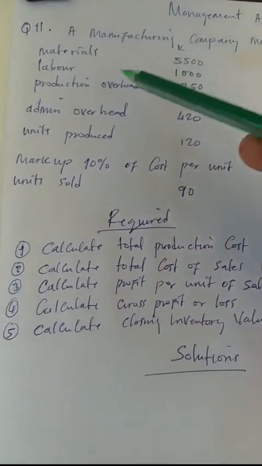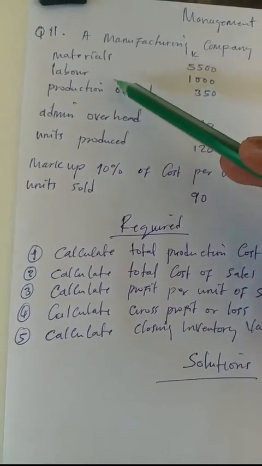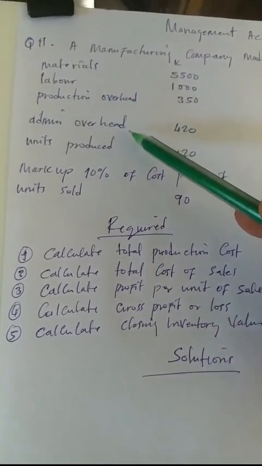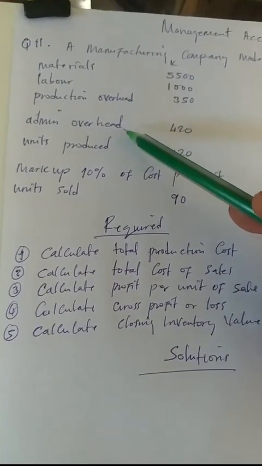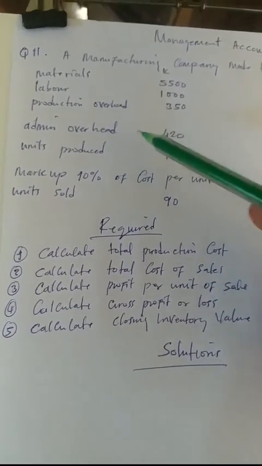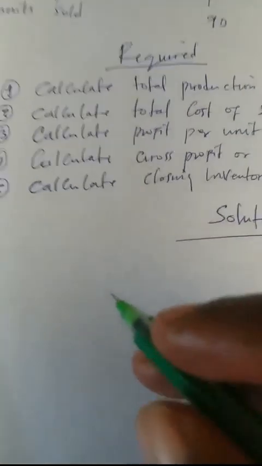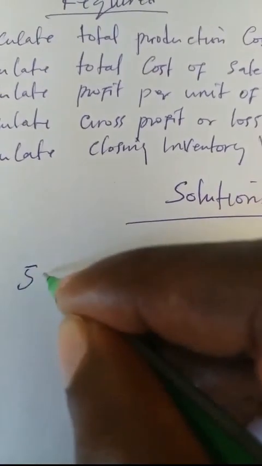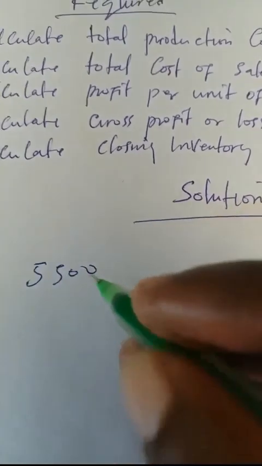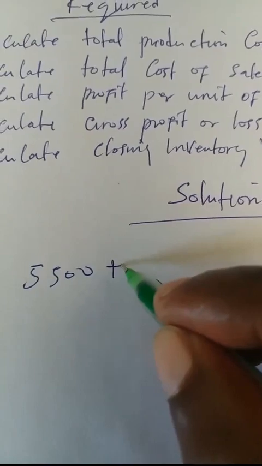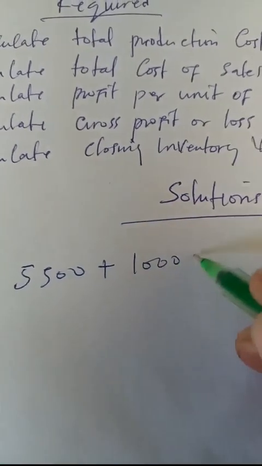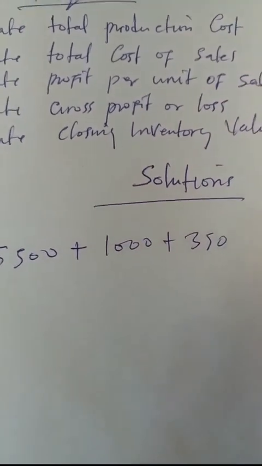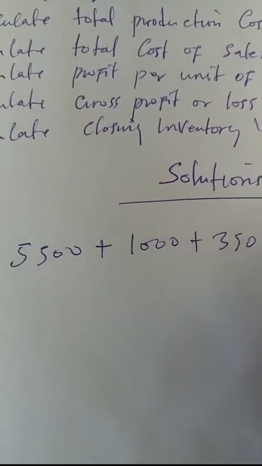I just need to add the materials cost, the labor cost, and the production overhead, ignoring the administration overhead because this was incurred during the business. Okay, so let's add from here. Like I've written in the solutions, you're going to add 5,500 kwacha plus 1,000 kwacha plus 350 kwacha, and this will be our production cost.